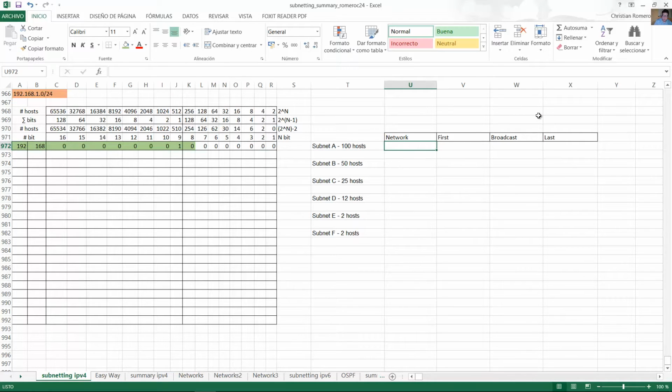The network is 192.168, 1 in binary, and 0 in binary. And the subnet mask is 8 bits plus 8 bits 16 bits plus 8 bits 24 bits plus 1 bit, 25 bits.